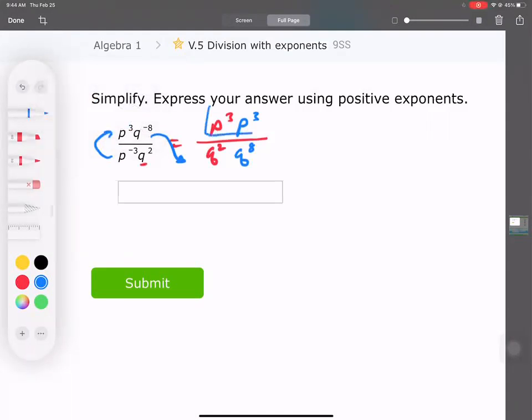Now once you have rewritten this so they're all positive, we can now combine them. These p's are like terms. Let's go ahead and combine those. How many p's do we have total on top? 3 and 3 make 6. On bottom, these are both q's, right? Q2 and Q8 add up to Q10. And that's it. We're done. We can't simplify anymore.